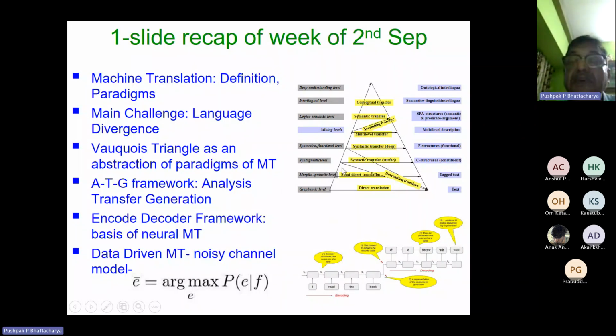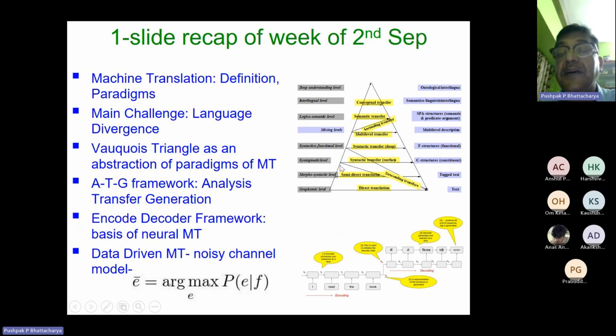An example of this will be if the two languages, source language and the target language, are very close to each other, let's say Bengali and Assamese, or even Hindi and Urdu. Now, the parse tree of the source language is producing the constituents, and from there I can directly go to the target language.